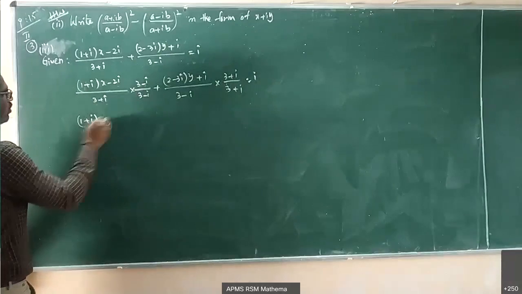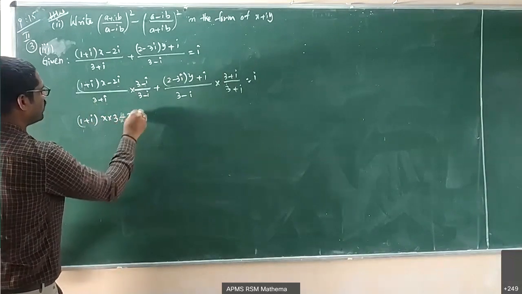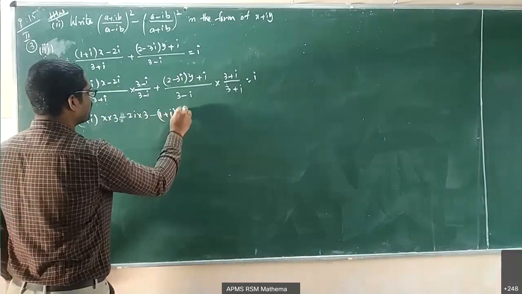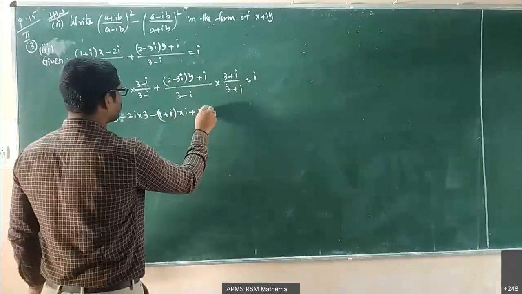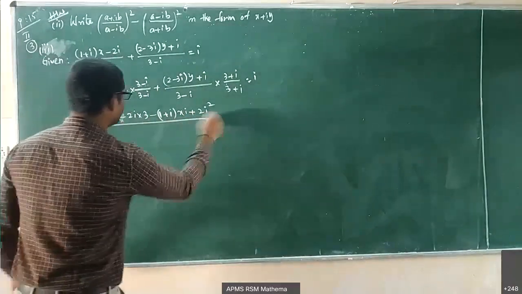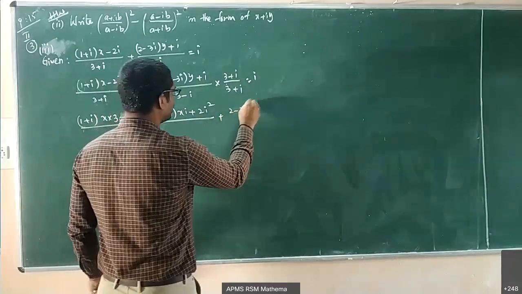So (1 plus i) into x into 3 plus minus 2i into 3 minus (1 plus i) into xi minus into minus plus 2i square, divided by 9 plus 1, plus (2 minus 3i) into y into (3 plus i) into 3 plus (2 minus 3i) into y into i plus i square, divided by 9 plus 1 equals to i.